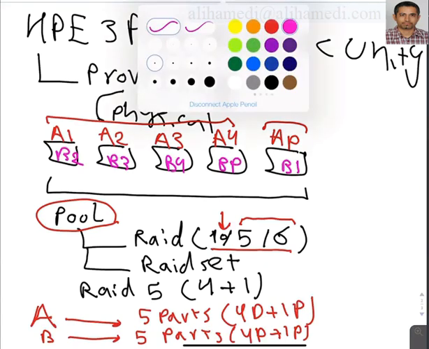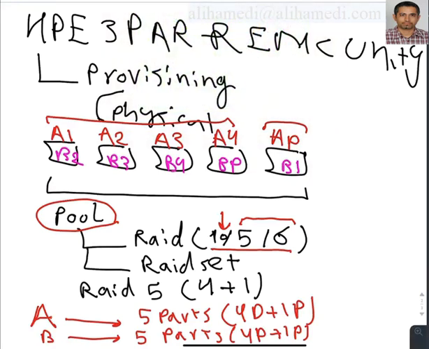If we look at the distribution of data on the disks, we can see that based on the RAID set, data will be distributed across all members of the pool.